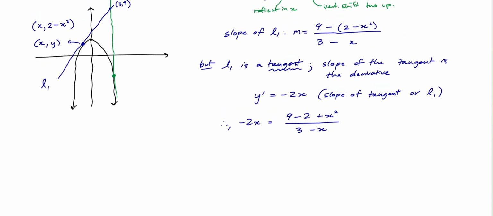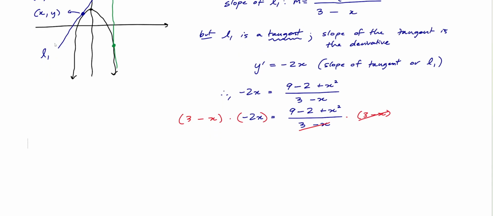I'll recopy this, and I'm going to multiply both sides by 3 minus x. That will cancel, this will cancel.